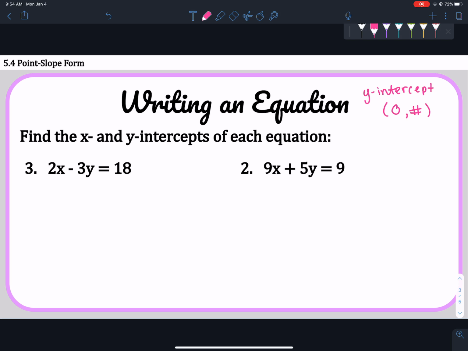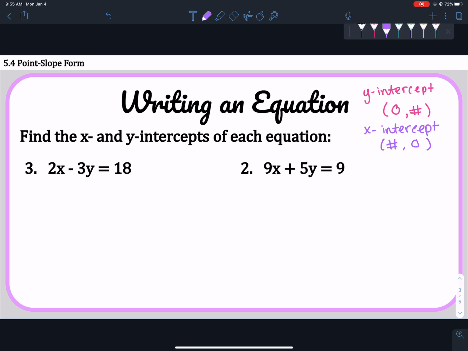So x always has to equal 0. Then for the x-intercept, it's the opposite. For it to be on the x-axis, the y has to be 0. So in this case, we have a number and then 0. So for us to find the x and y intercepts of each equation, we're going to plug in 0 and solve for one of the variables.